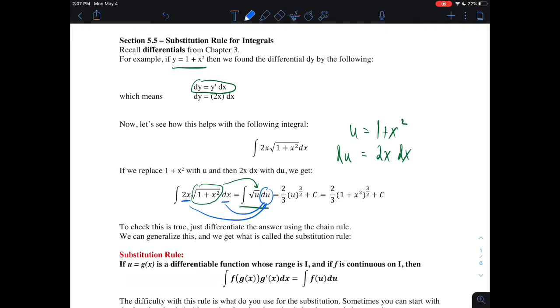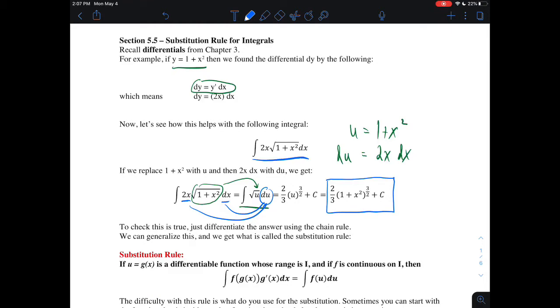So then I have 2/3 times u to the 3/2, plus our constant of integration, capital C. And then resubstituting what we said u was, we get a final answer of 2/3 times the quantity 1 plus x squared raised to the 3/2 power plus capital C. So that is the integral of what we had started with.